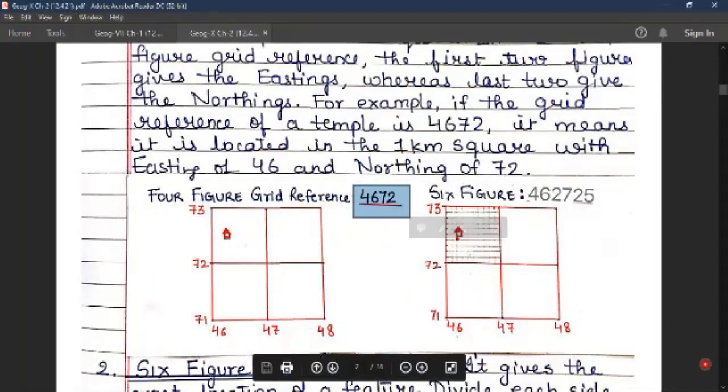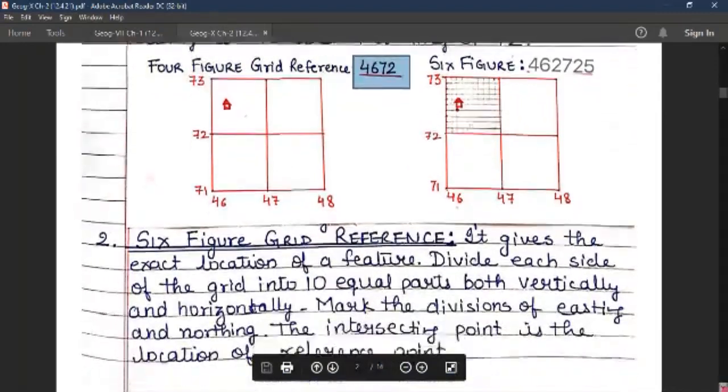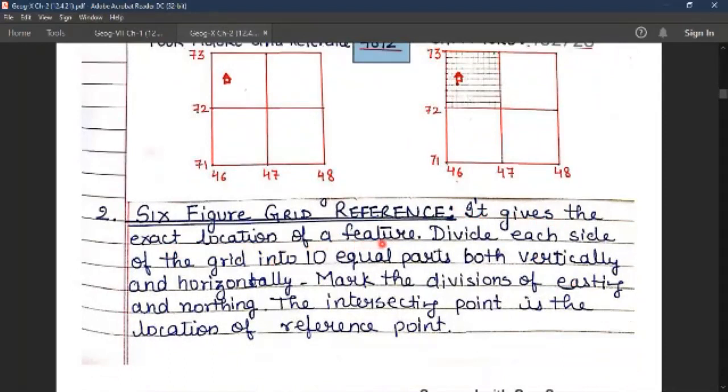The second type of grid reference is the 6-figure grid reference. A 6-figure grid reference gives the exact location of a feature. Divide each side of the grid into 10 equal parts, both vertically and horizontally.